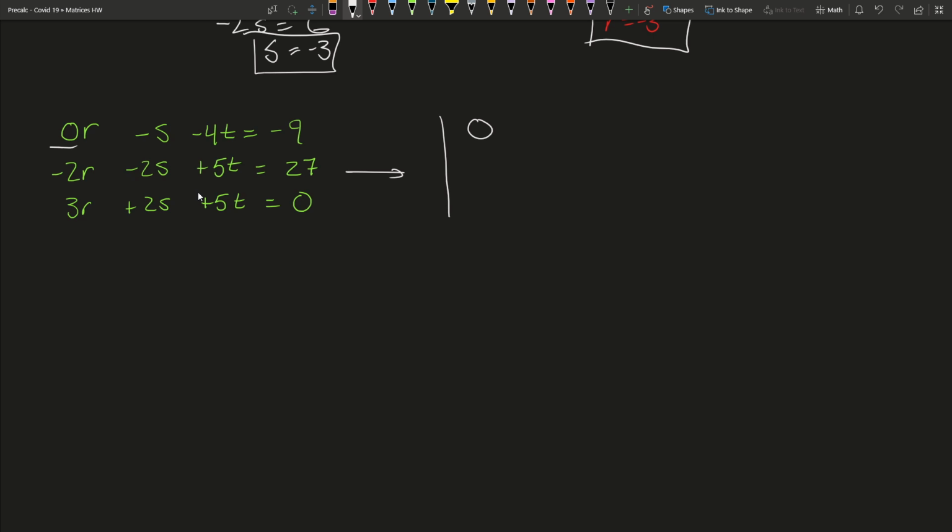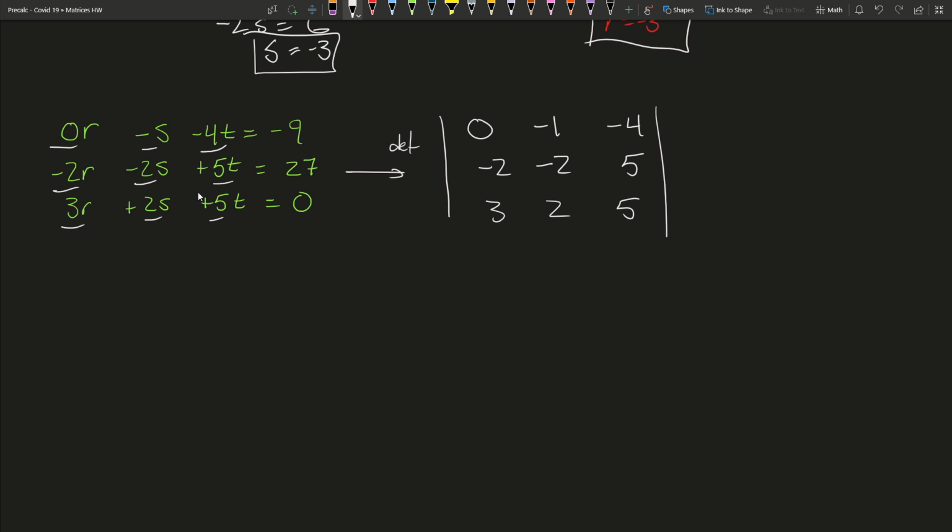which is 0, -1, -4, -2, -2, and 5, 3, 2, and 5. Okay, then we have to find the determinant of this.